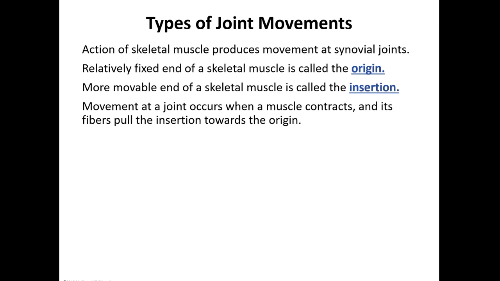Now, contraction of skeletal muscles in our body produces movement at synovial joints. And the part of a muscle that is fixed, that doesn't move at all, even though there's a movement at the joint, we call that part of a skeletal muscle the origin.